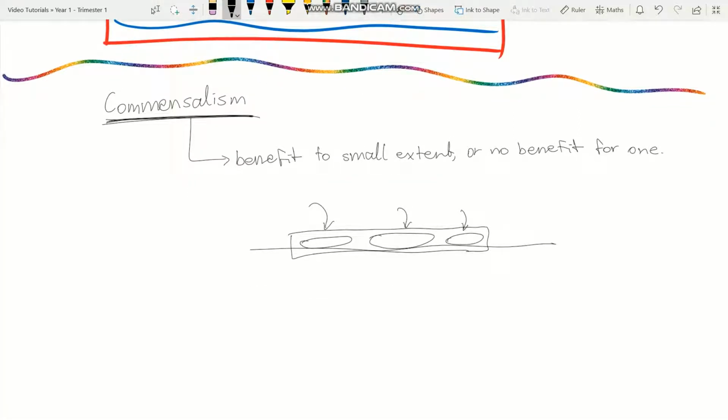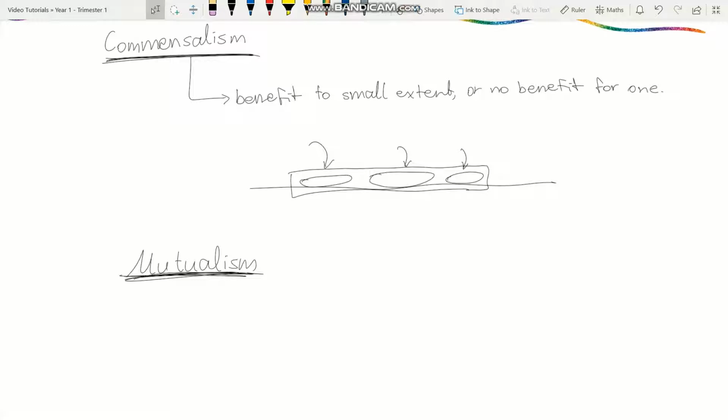The second type of relationship that I'd like to go through is mutualism. Now, mutualism is basically a positive relationship that occurs between both organisms. This is when both organisms benefit from the relationship.